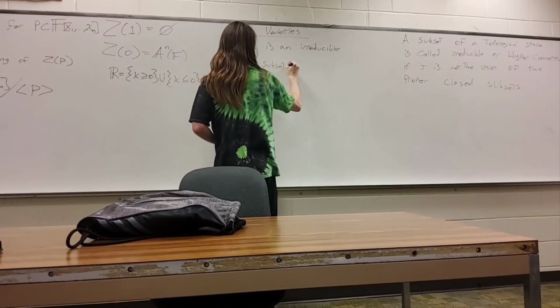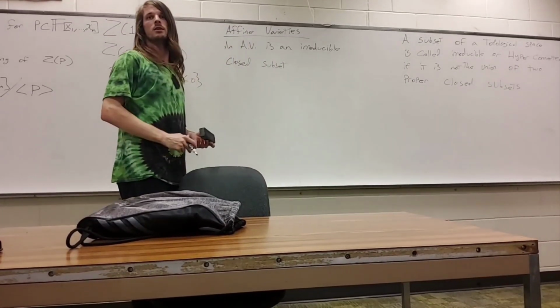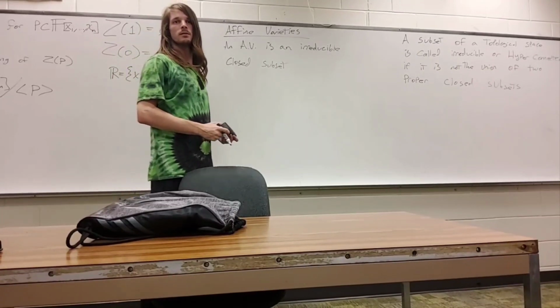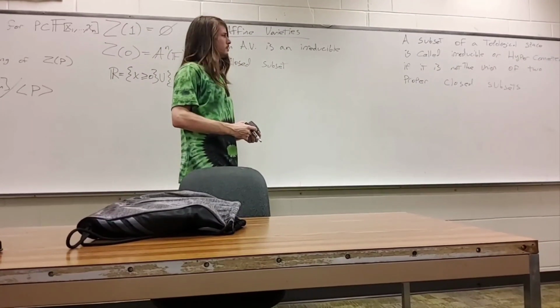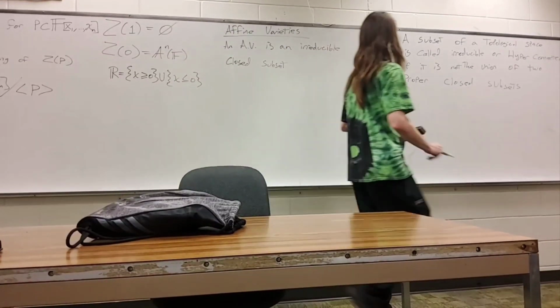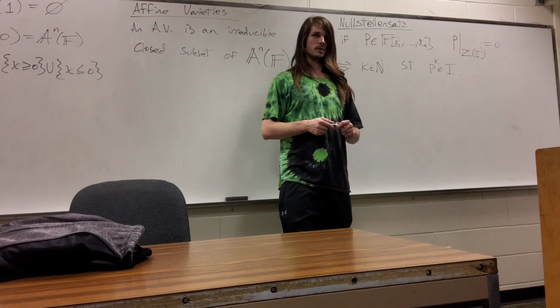So an algebraic set, but which can't be written as the union of two proper subsets, and neither of them can be empty. That should be in the definition. Is equal to its own radical.